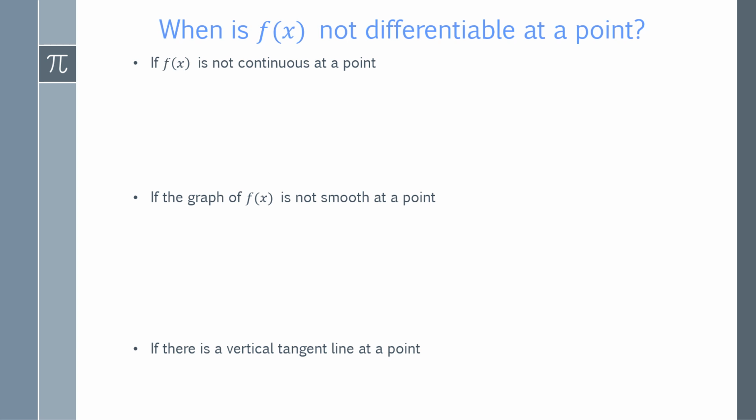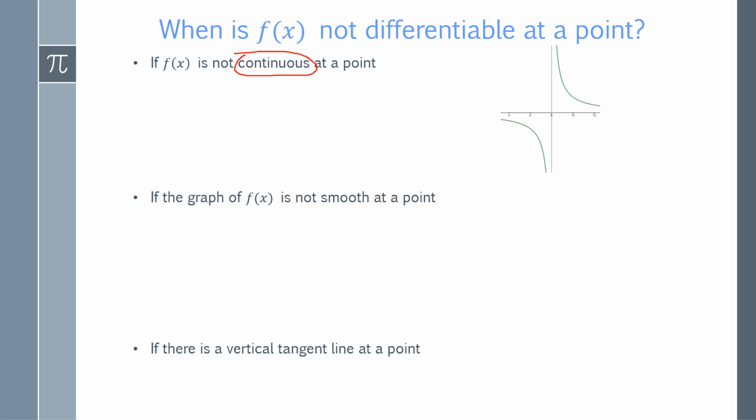It says that if f of x is not continuous at a point, then we say it's not differentiable. That is something we discussed in our previous slide, that continuity is needed. It's a must. It is not sufficient, but it's definitely needed. If the function is not continuous to begin with, then it's not differentiable.